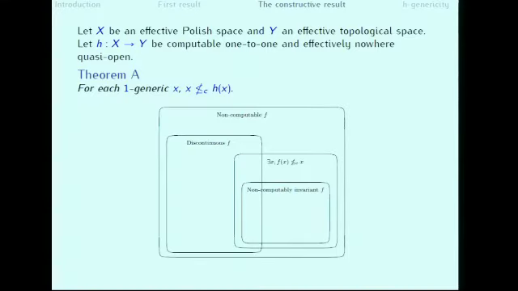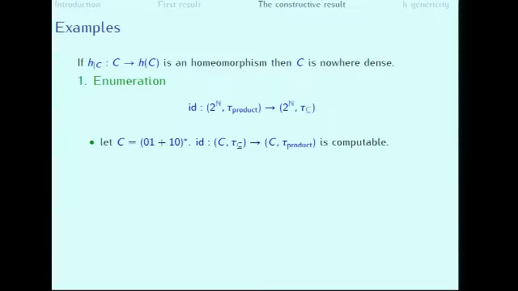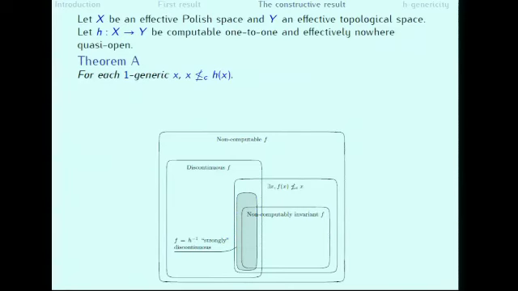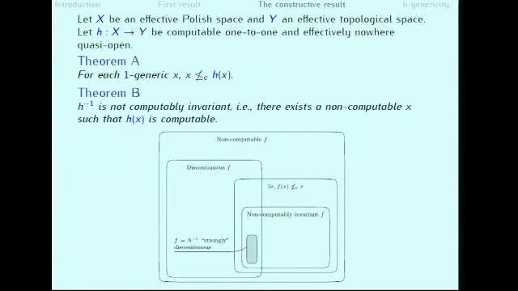So it means that for this class of functions, we go into this class. I will skip it also. And yeah, the theorem that we were looking for is this one: if the function is like that, if its inverse is strongly discontinuous in this sense, then you can find some non-computable x whose image is computable.